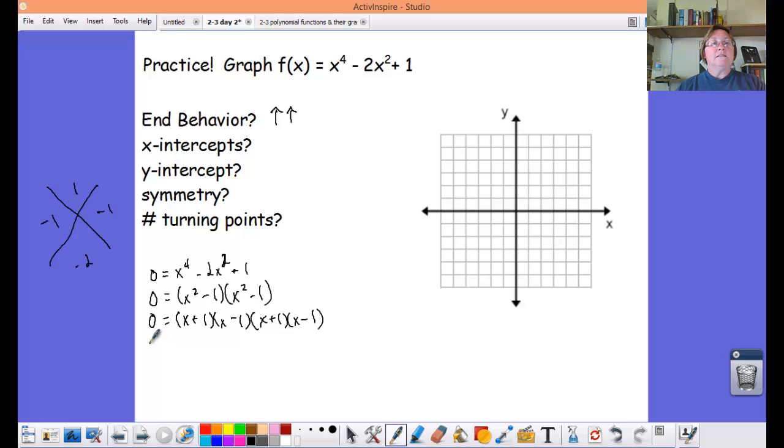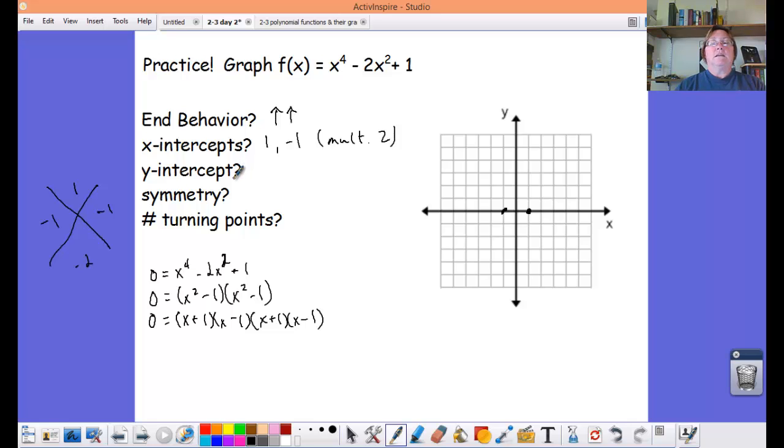And our x-intercepts then will be 1 and -1, and each of them has multiplicity 2. See, that tells us something, because when we hit those roots, we're going to bounce, right? We're going to have up end behavior, and x-intercepts at 1 and -1, and those are going to be bounce spots.